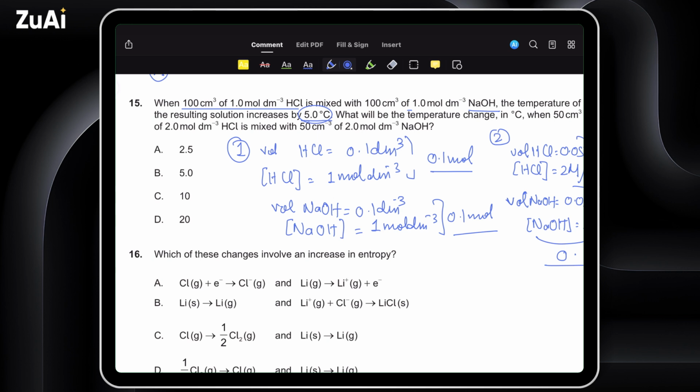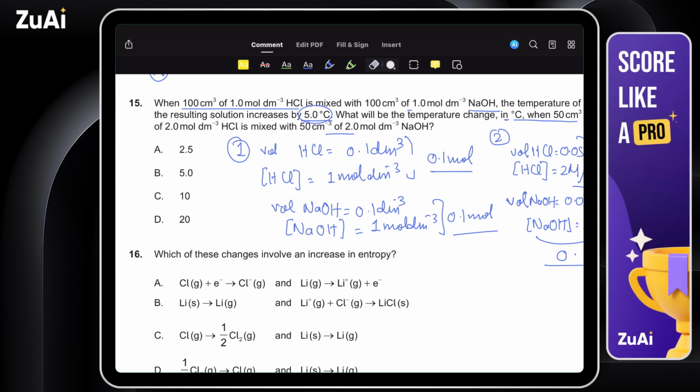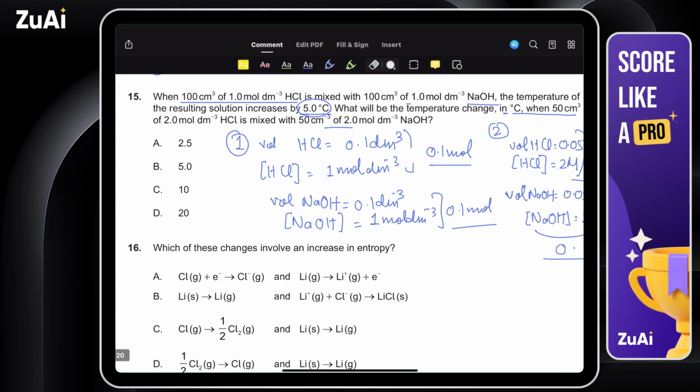So when we change this, again the 5 degrees Celsius delta H, because we have the same moles, so overall it should be 10, right?